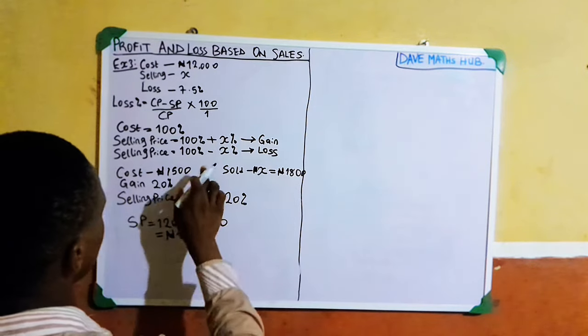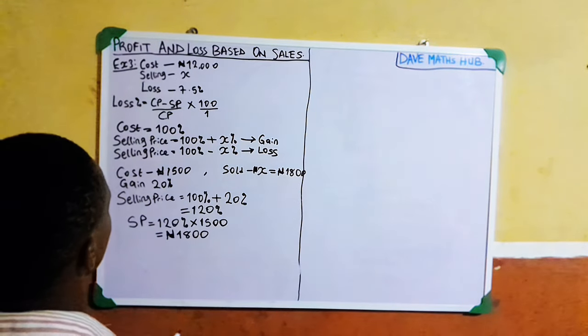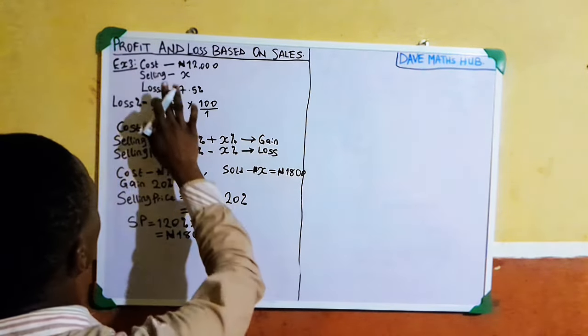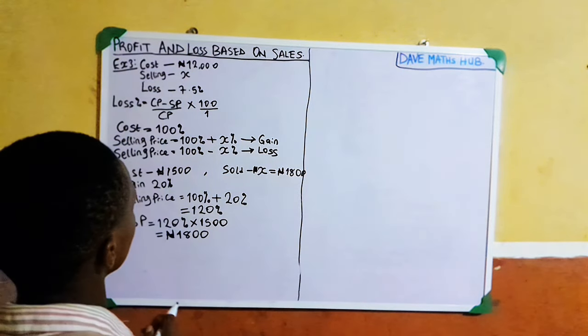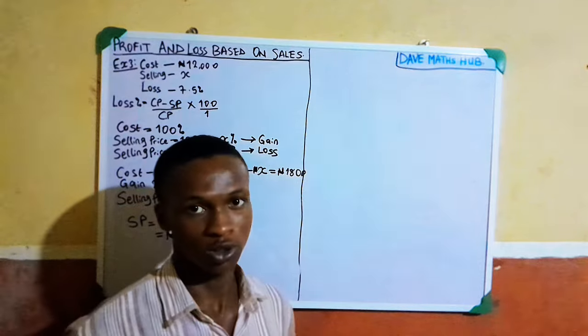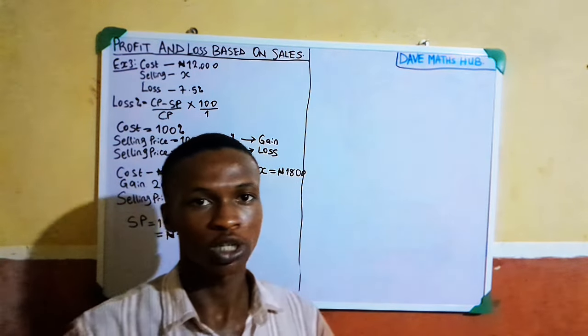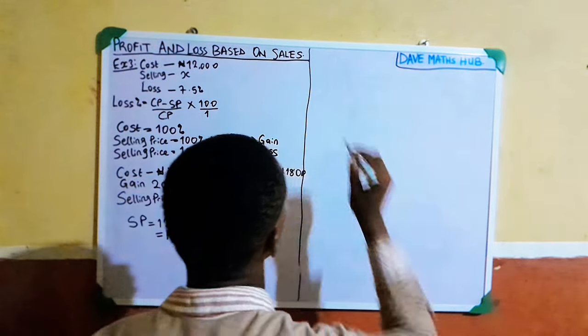So, using the same thing to solve this question, we're given cost price, we're not given selling price, and they told us a loss of 7.5%. So, since it's a loss, that means the selling price will be lower than the cost price.